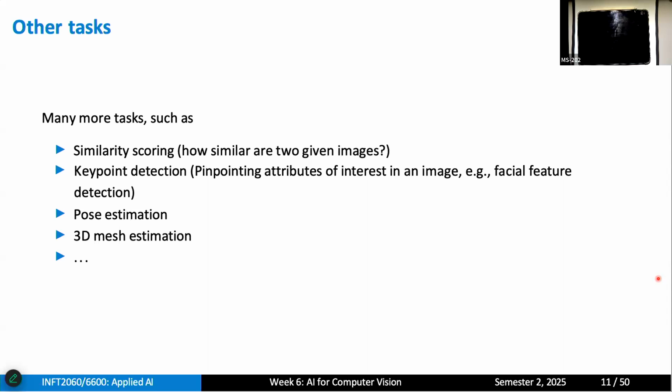Okay, so that's what we call key point detection. With this key point detection, it's very easy to keep track of your gestures, and also facial expressions, for example, smiling, confused, etc. That's all key point detection.